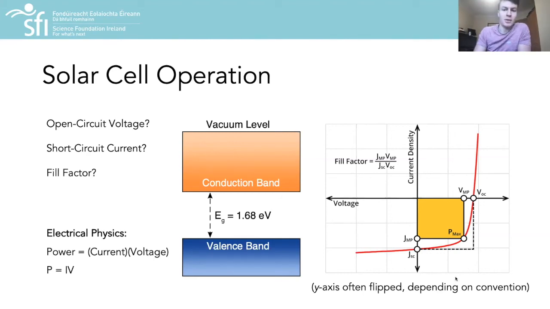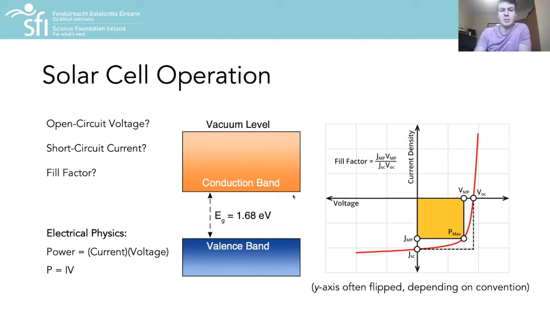So they all refer to different things on an electrical engineer's favorite graph, the JV curve. So firstly, the open circuit voltage, VOC, here is the voltage or potential difference across the cell when no current is flowing, and corresponds to the maximum voltage available from the solar cell.